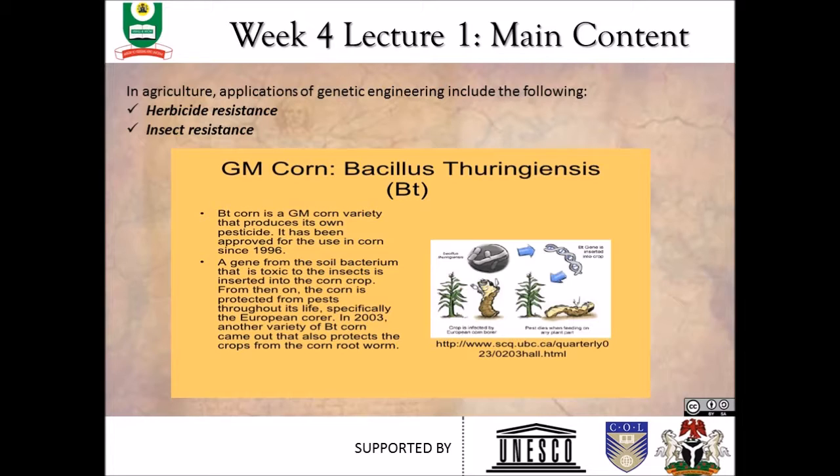On insect resistance, there is a bacterium called Bacillus thuringiensis. It produces a toxin that kills insects fast. Through genetic engineering, the gene responsible for producing that toxin was extracted from the bacterium.